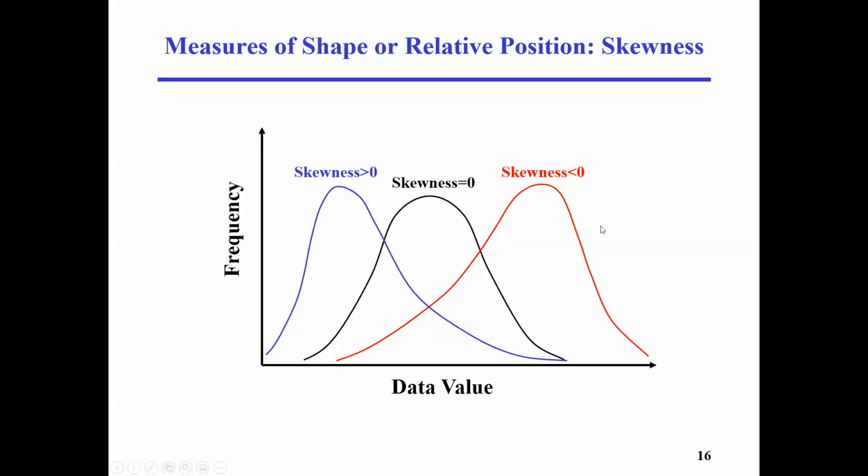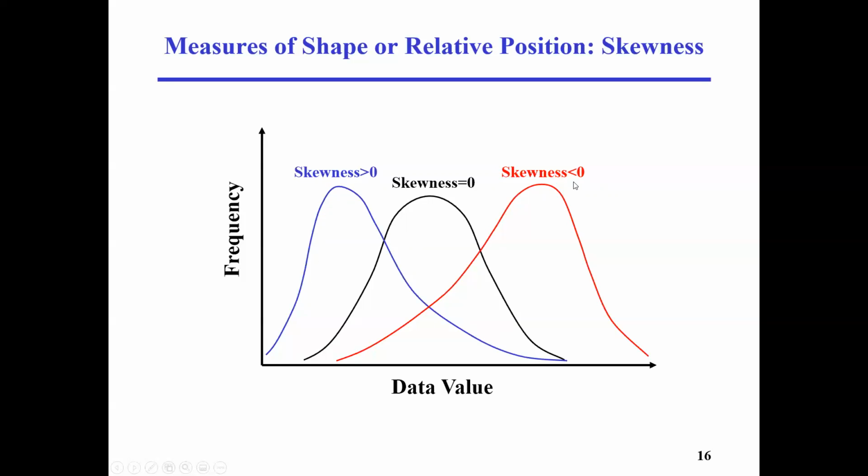So next time when you are checking a specific value for skewness, if it is 0, in your mind, this black curve should appear. If it is larger than 0, then you should expect a histogram with a shape of this blue curve.